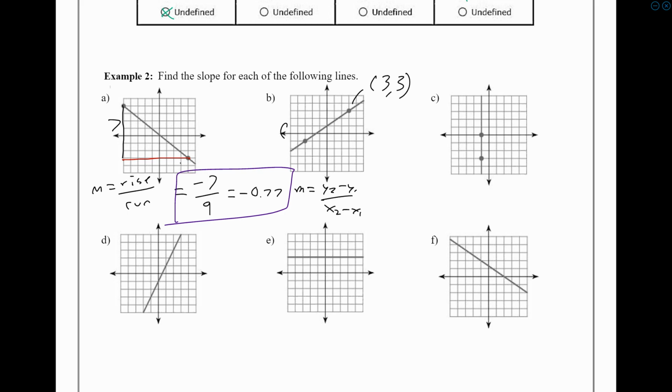This here is the point negative 3, negative 1. If I was just labeling them where their points are, those would be their values. So if I want to sub into this formula, y2, that's this, minus y1, that's this.